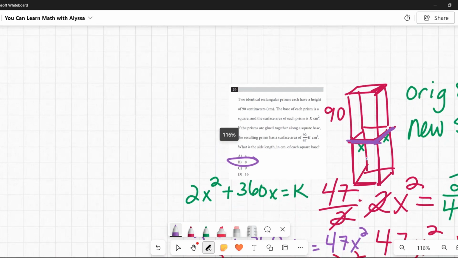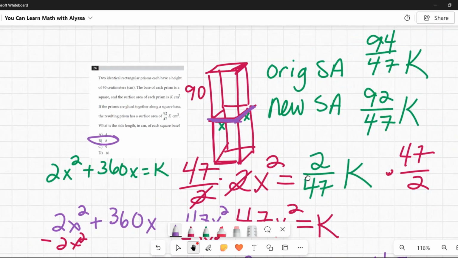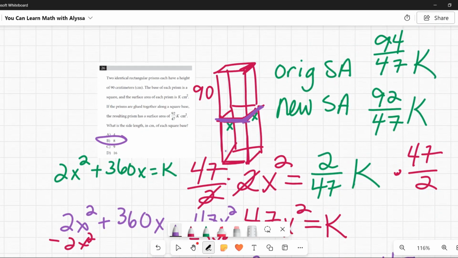The other way you can do this, it doesn't cut out a whole lot of work, but you have to understand the core concept of what's happening, what's disappearing, what's reappearing, and that you can plug and play, by which I mean you can plug in the choices.